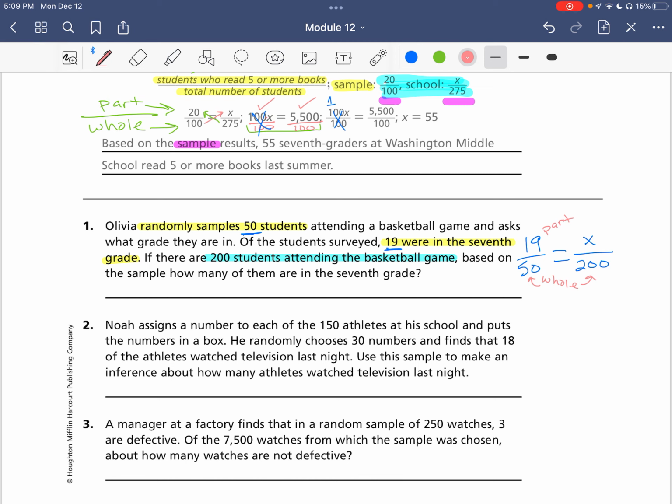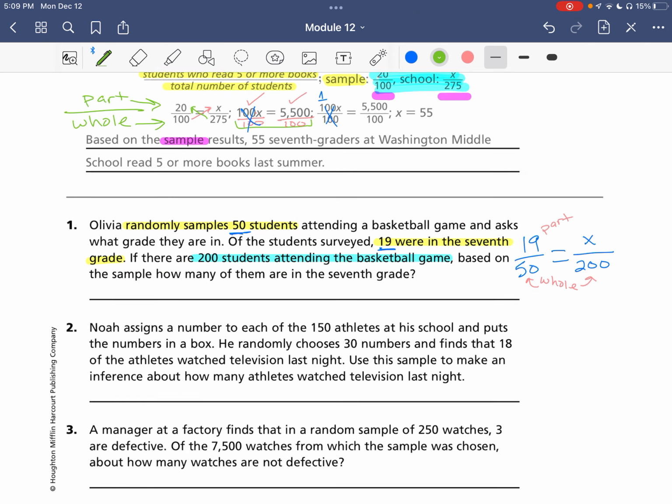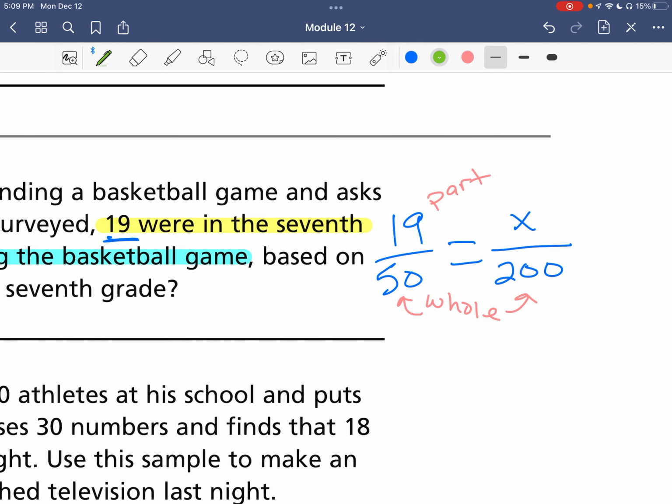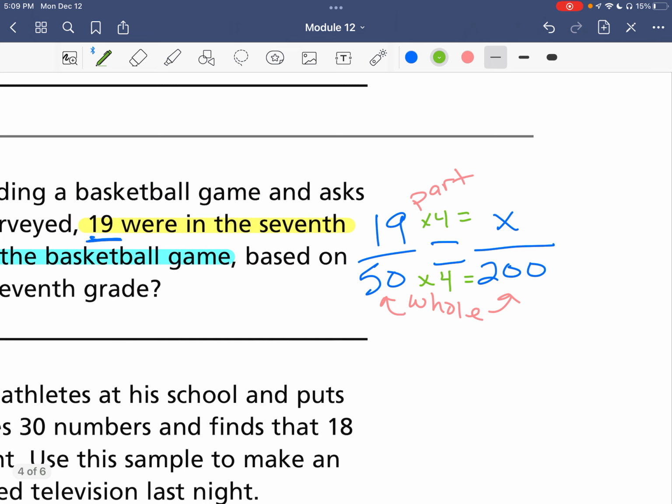So let's try and solve this here. We can do our cross product, or we could figure out what the relationship is between these two proportions. 50 times what will give me 200? 50 times 4. And then what you do to the bottom, you got to do to the top. So 19 times 4, pause your video, and that'll give us what our x value is.